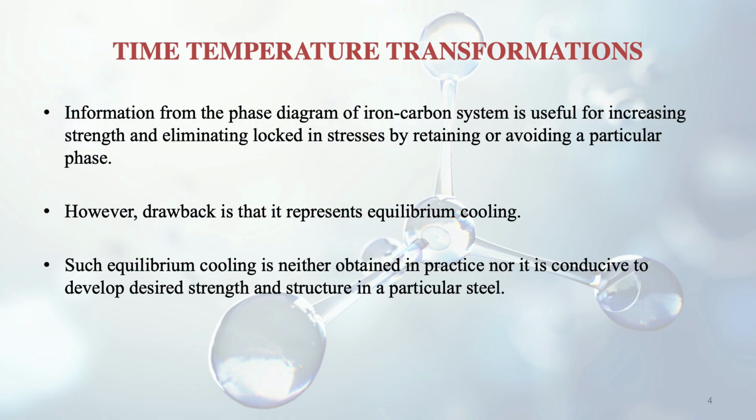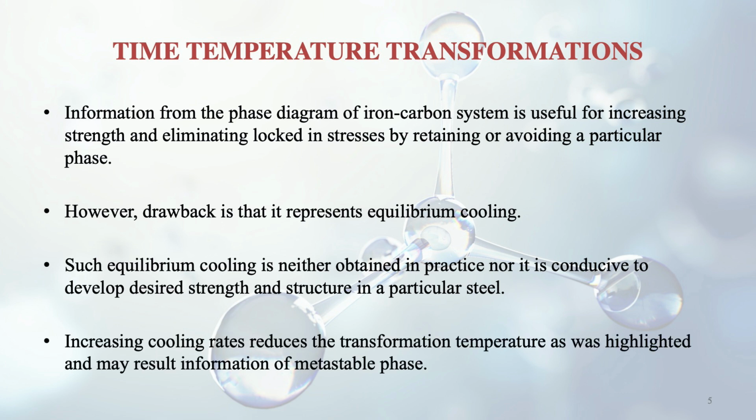So accordingly things will also vary, and we will get different combinations of steels. For that purpose we have the time temperature transformation diagram. Equilibrium cooling is neither obtained in practical sense nor is it conducive to develop desired strength and structure in a particular steel.